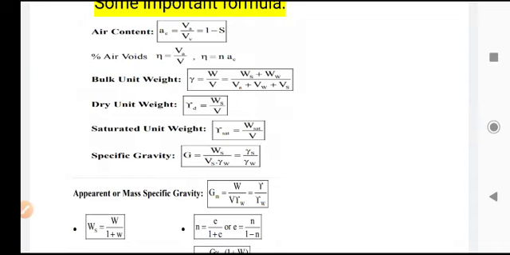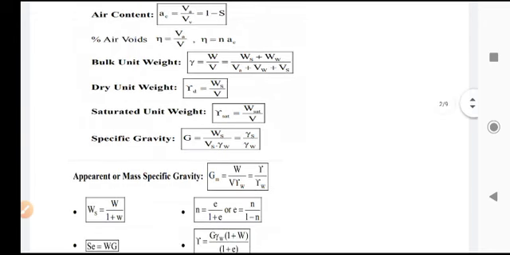Dry unit weight gamma_d equals weight of solids by total volume of soil. Specific gravity capital G equals gamma_s by gamma_w, where gamma_s is unit weight of solids and gamma_w is unit weight of water.